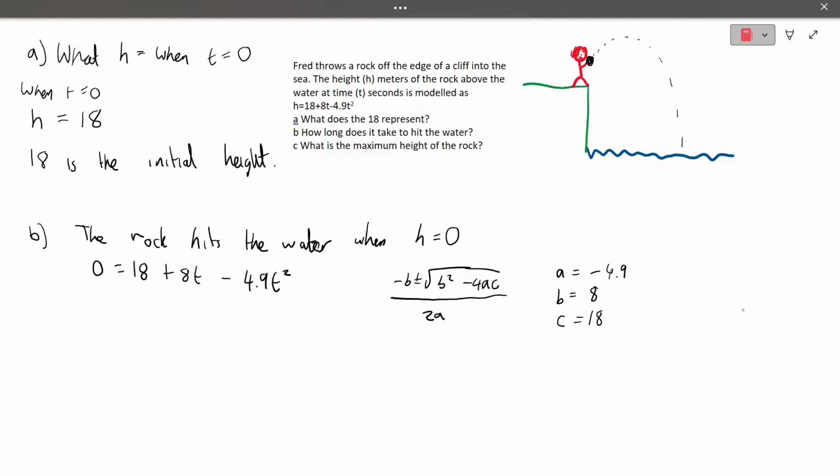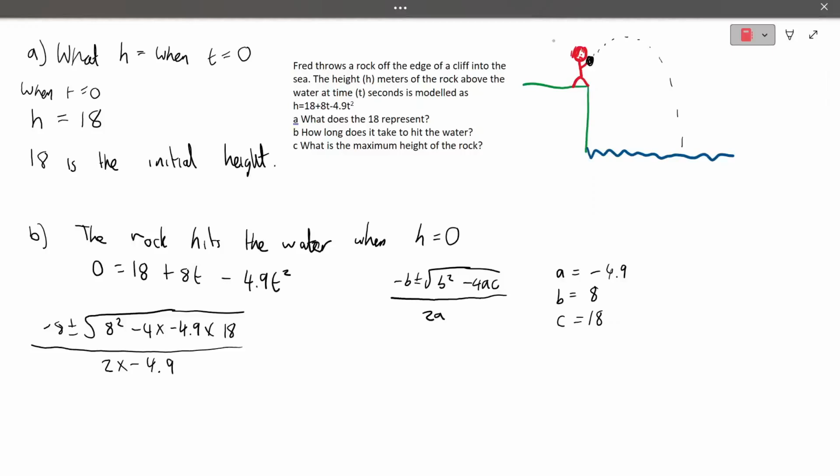So we have minus 8 plus or minus the square root of 8 squared minus 4 times minus 4.9 times 18, all over 2 times minus 4.9.